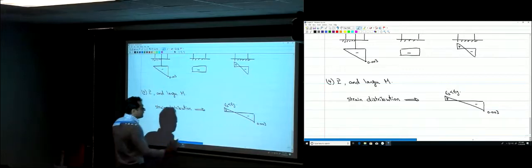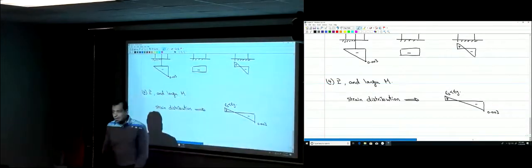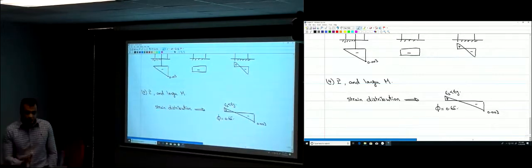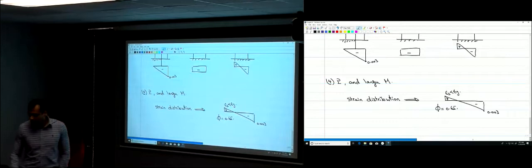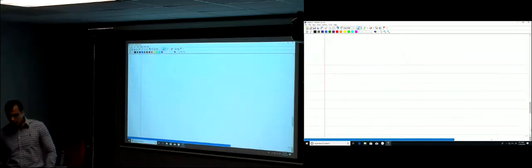But now, if the strain here is less than epsilon yield, phi is going to be 0.65. It acts as a column, and phi is 0.65. Now, let's go beyond and increase the moment more and more.